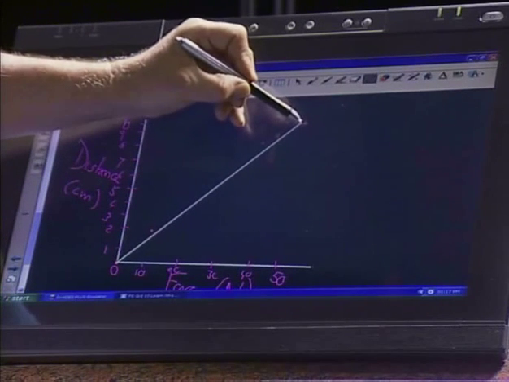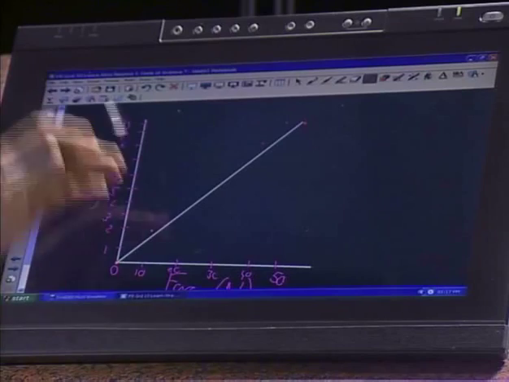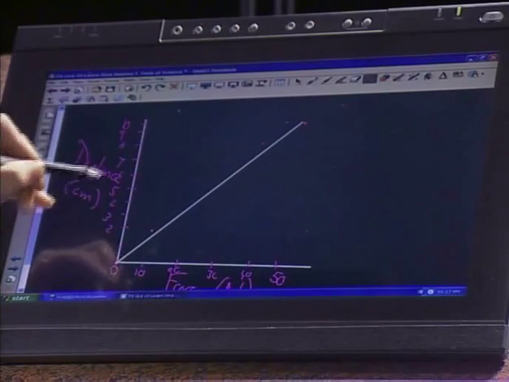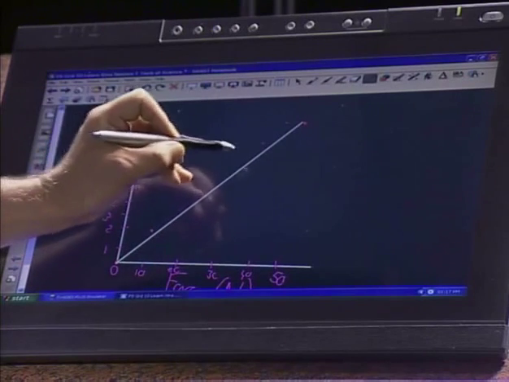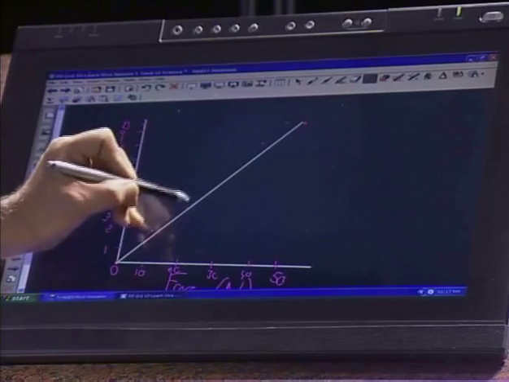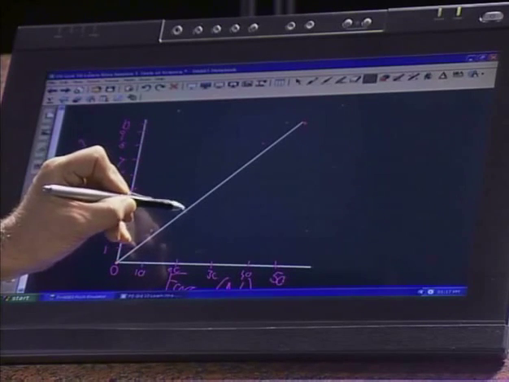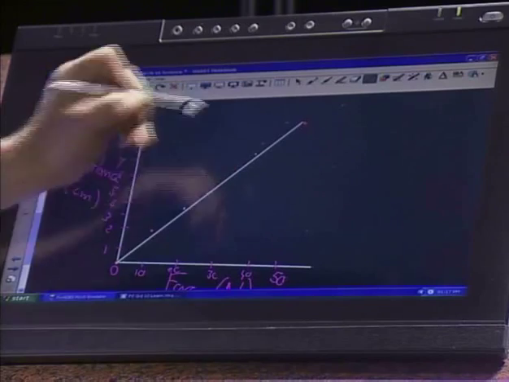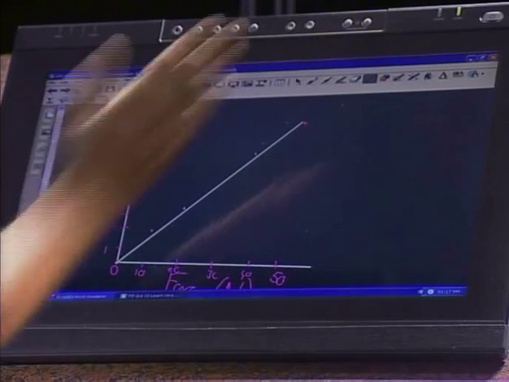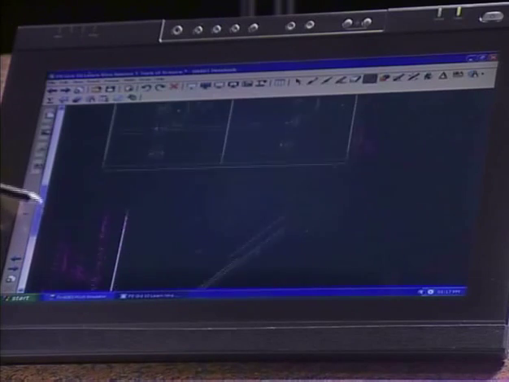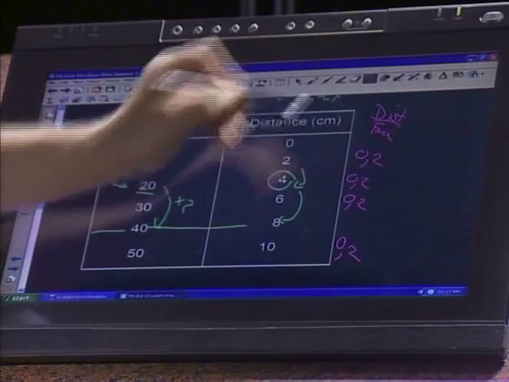In most cases, you'll be able to use a ruler to draw through the majority of the points. This is known as a best fit line. In this case, you'll see that roughly 20, 30, 40 will be over here, and so on. They will form a straight line. A straight line passing through the origin will give you this sort of relationship.